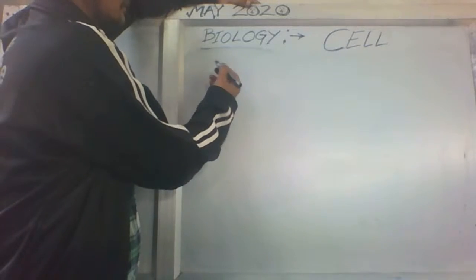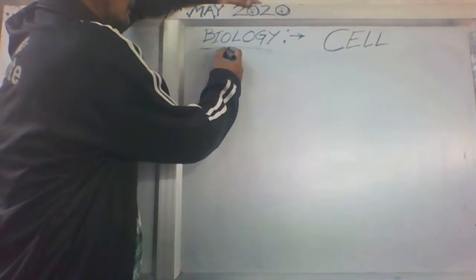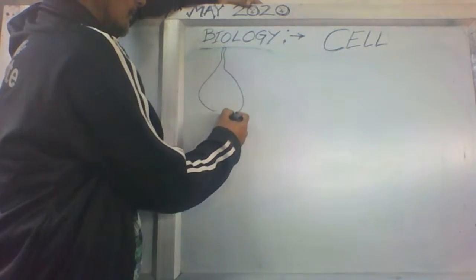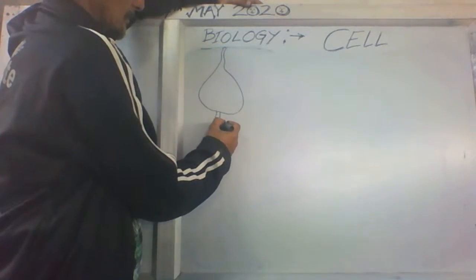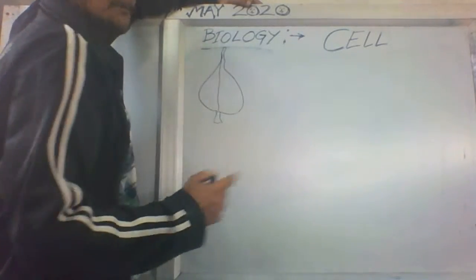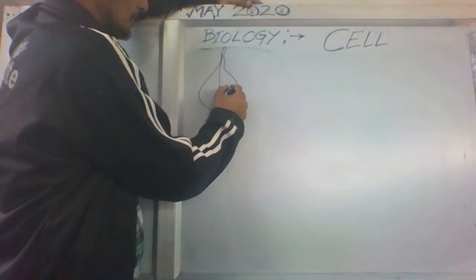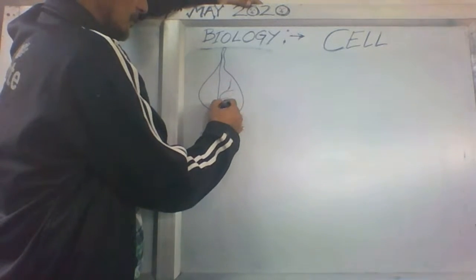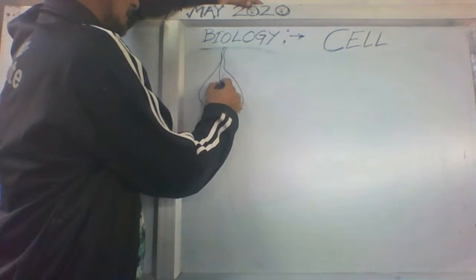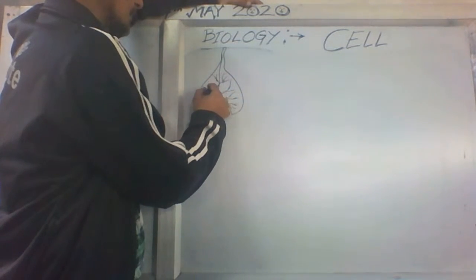Those leaves, like the peepal leaf. This is a peepal leaf, and all the veins of this leaf are arranged like this.